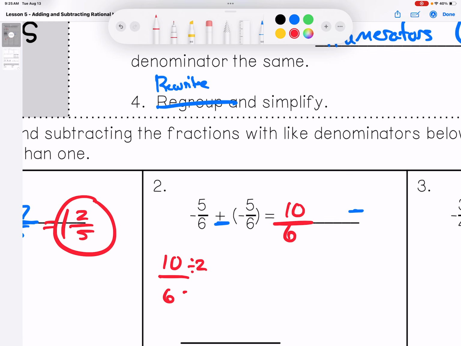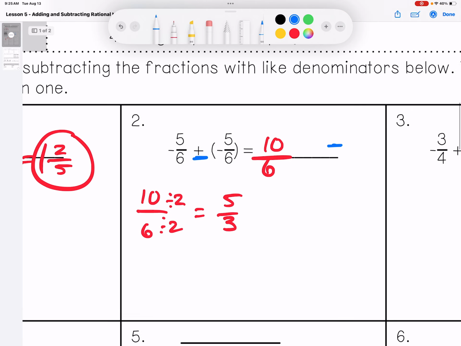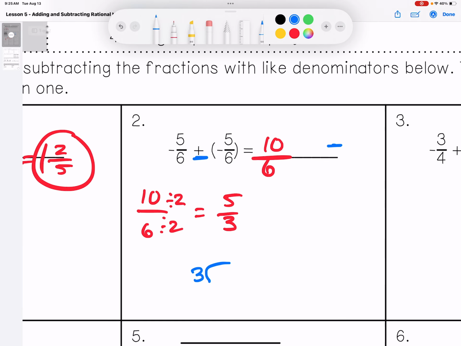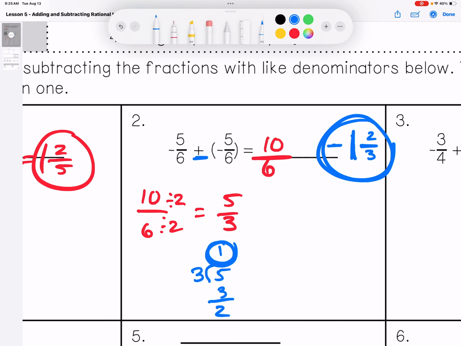Both of those will go by 2s. So we can end up with 5/3. Now that we have 5/3, I have to turn it into a mixed number, so divide 5 by 3. Once with 2 left over. So 1, 2 left over, denominator doesn't change. Negative 1 2/3 is the answer.